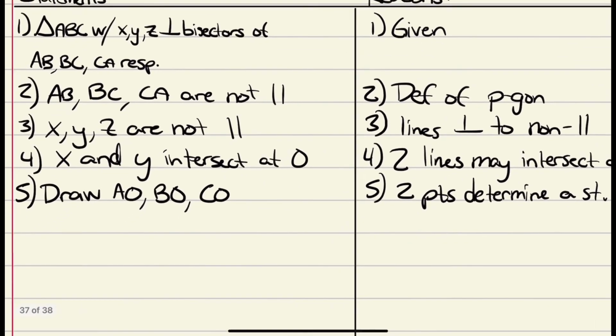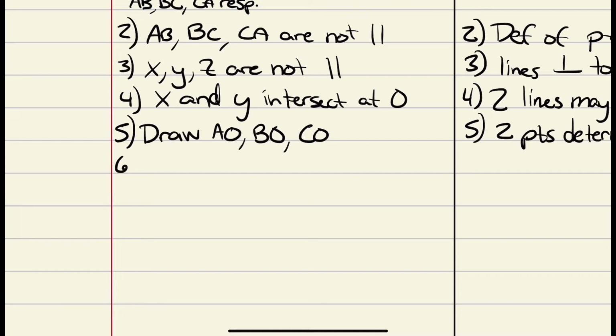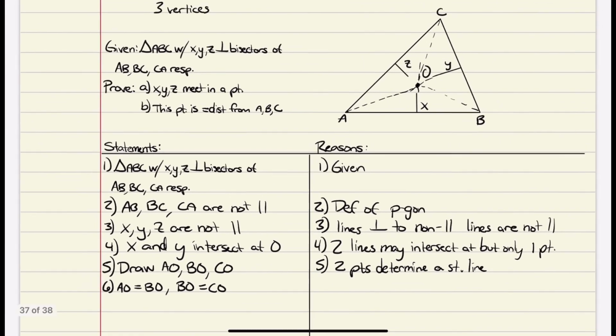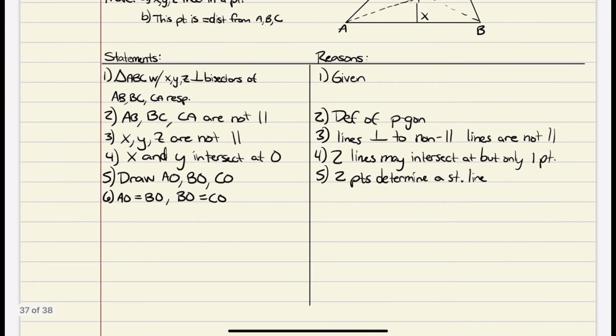Let's say number 6, AO equals BO, and BO equals CO. This is from the previous theorem, I believe, stating that every point in the perpendicular bisector of a line is equidistant from the ends of that line.